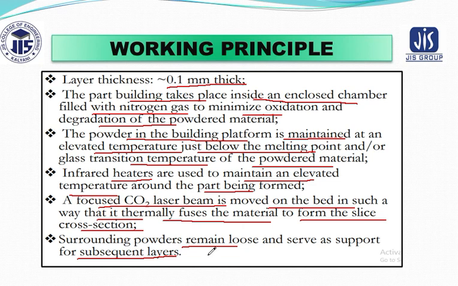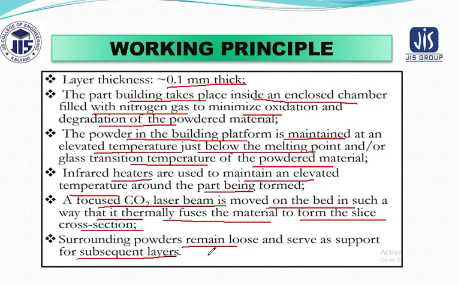So if I conclude from this overall working principle, then I can say that we are building parts, and those parts are built in a closed chamber which is filled with nitrogen gas. Why nitrogen gas? To minimize the oxidation and degradation of the powdered material.